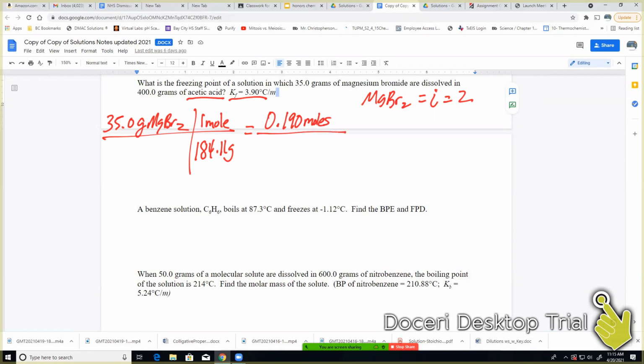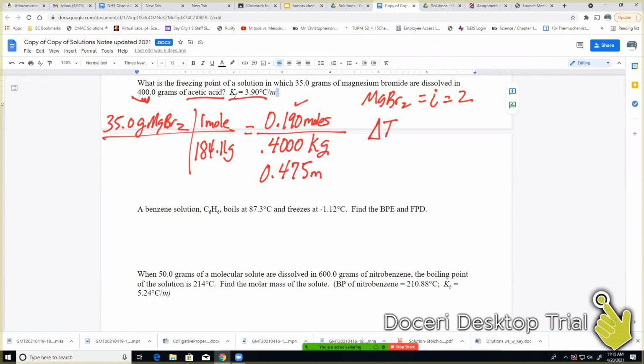I need to divide that by kilograms of my solution. So I need to move my decimal back 3 places to be 0.4000 kilograms. Top number divided by my bottom number, keeping it at 3 sig figs because of my moles, I end up with 0.475 molal, little m.